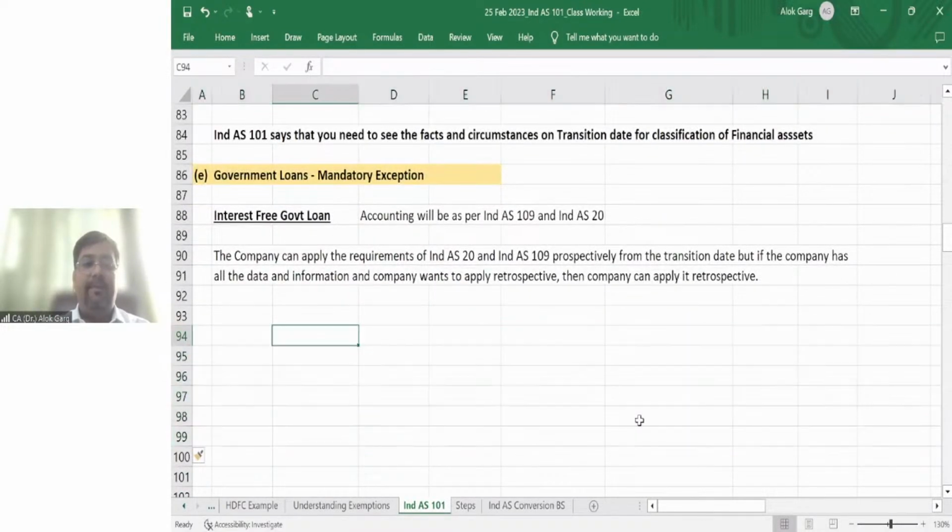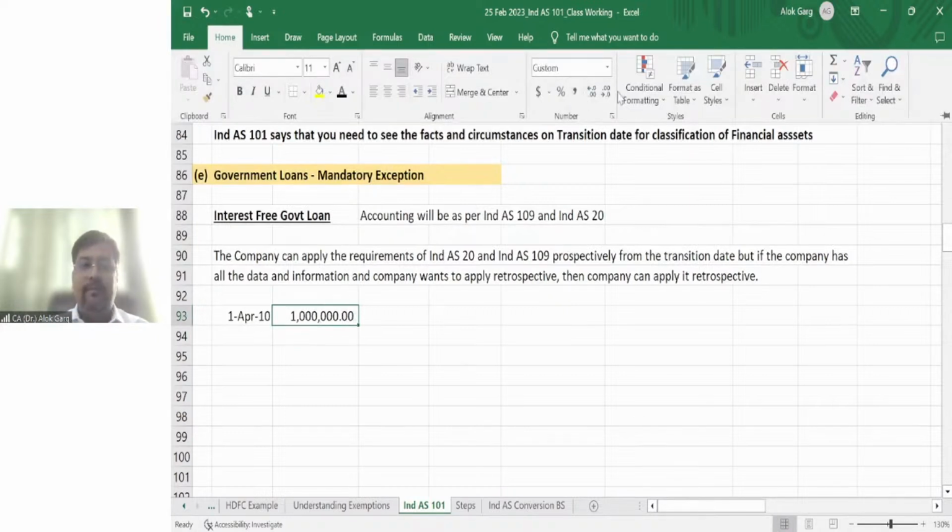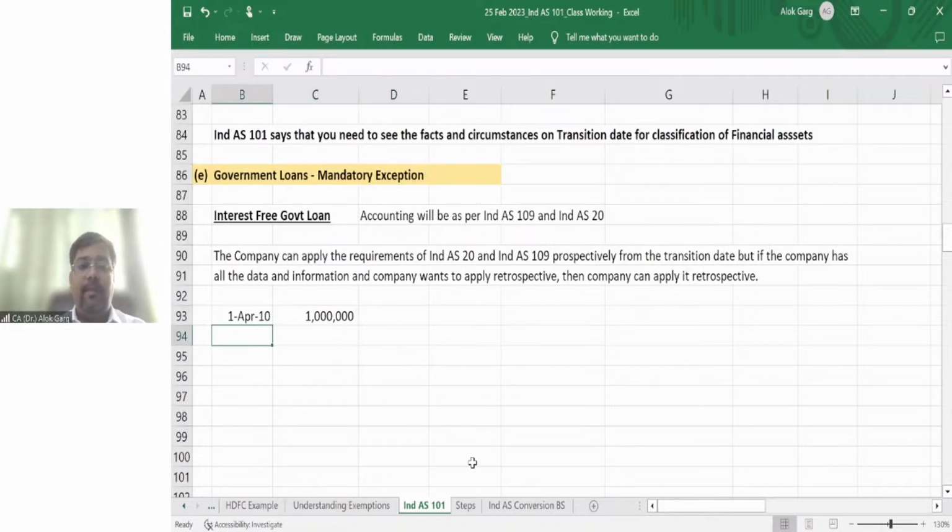Now I'll explain this with the help of an example. For example, on 1st April 2010, the company has received an interest-free government loan of rupees 10 lakh. Transition date is 1st April 2015.